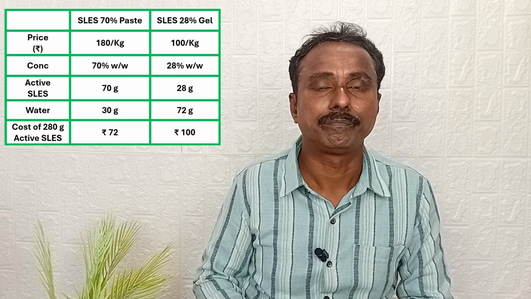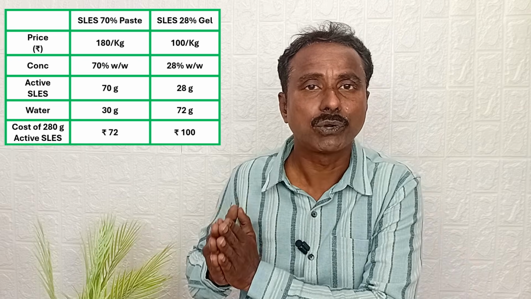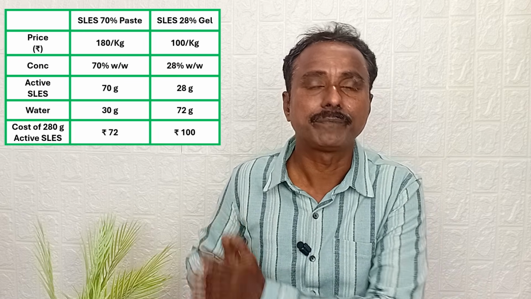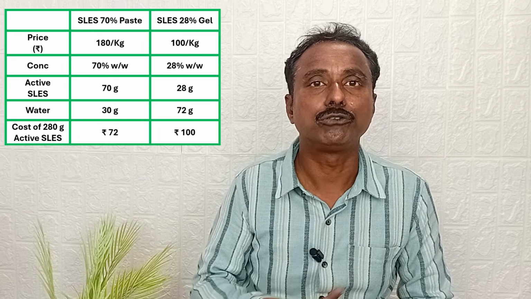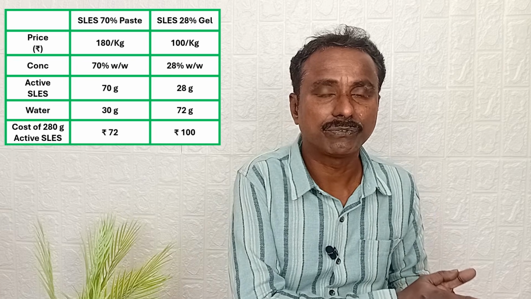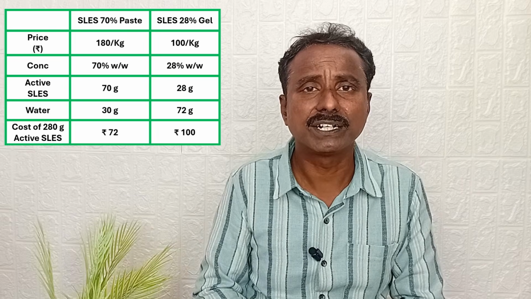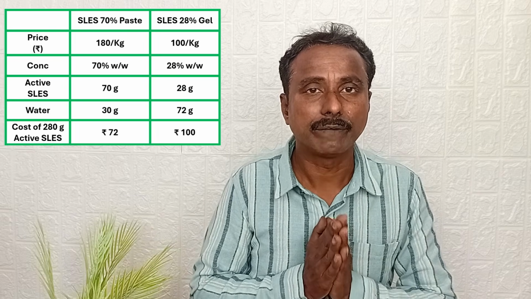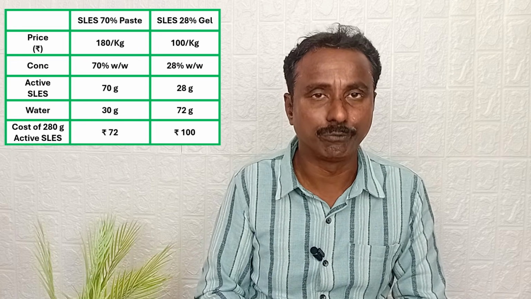Now compare: 1 kg gel is 100 rupees, 400 grams SLES paste is 72 rupees. So the profit is 28 rupees. Instead of using 1 kg of SLES gel, if we use 400 grams of SLES paste, our profit will be 28 rupees. So SLES paste is economical. This is the calculation.